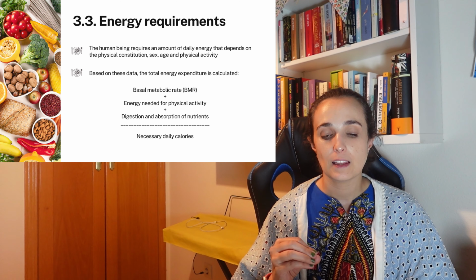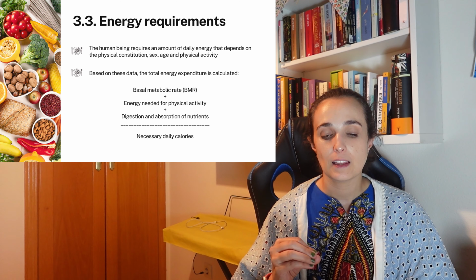We also have to add our height measured in centimeters multiplied by 6.25, and we have to subtract our age multiplied by 5. And then if we are men, we add 5. And if we are women, we subtract 161. This will be our basal metabolic rate.